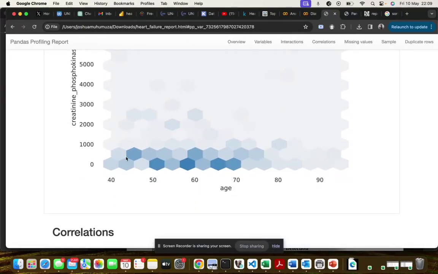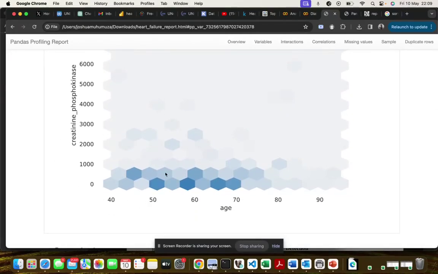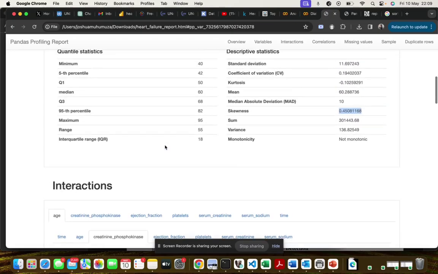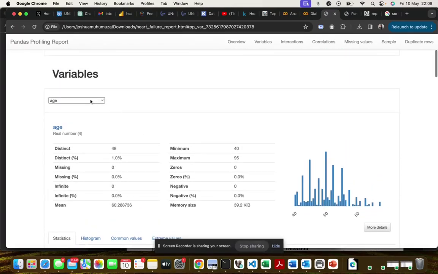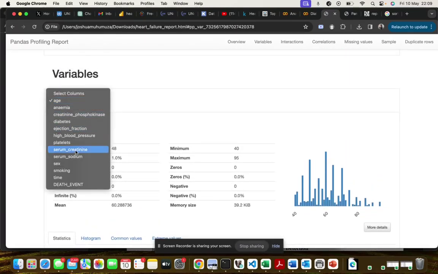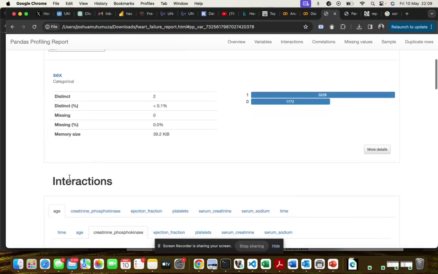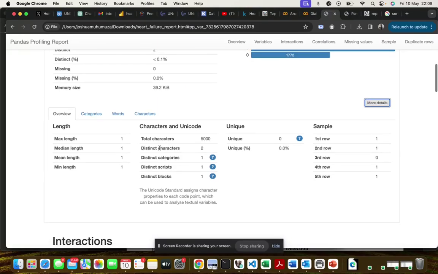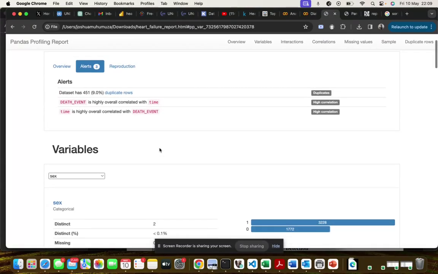You can see most of these people have lower values within this age. So the different metrics you can really go after and look at. You can always switch, and maybe you want to look at gender. How is it distributed? Of course, it's a Boolean.